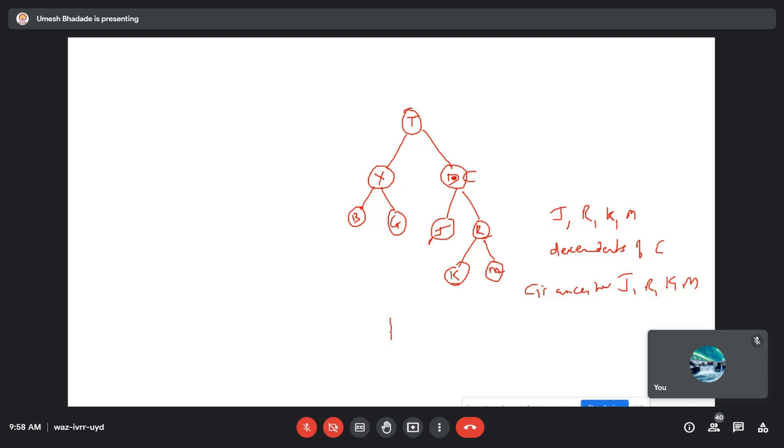In general, T is the ancestor of all nodes, and all remaining nodes except T are descendants of T, right?